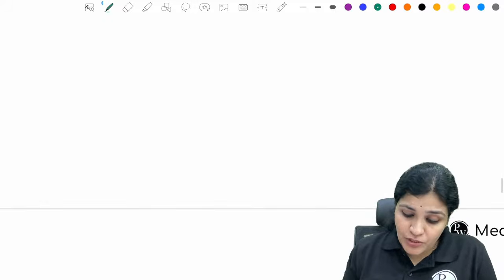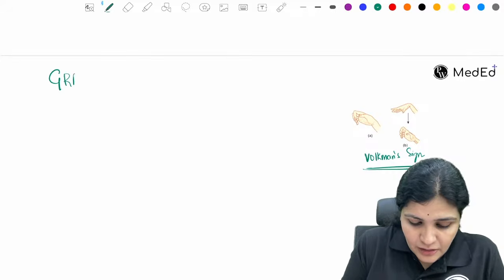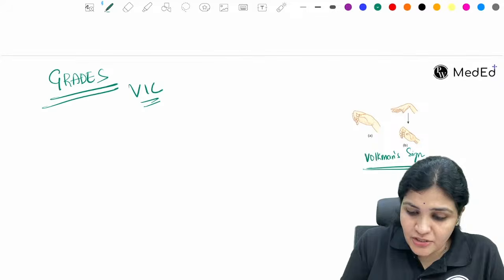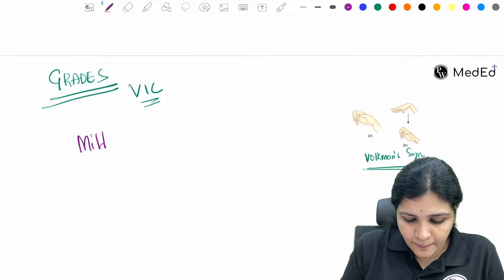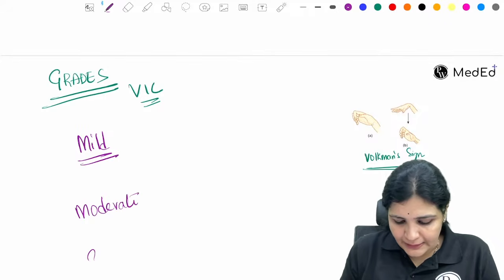Now the most important thing here is the grades. There is a grading of Volkmann's ischemic contracture: mild, moderate, and severe.